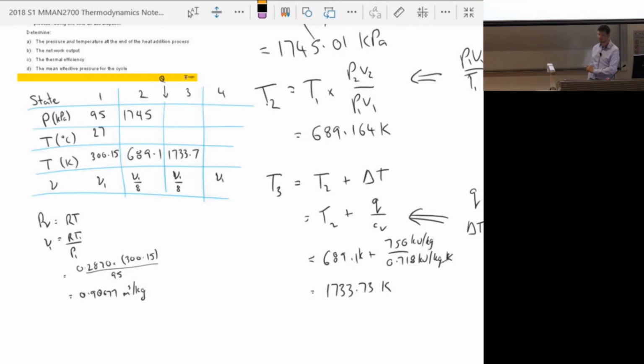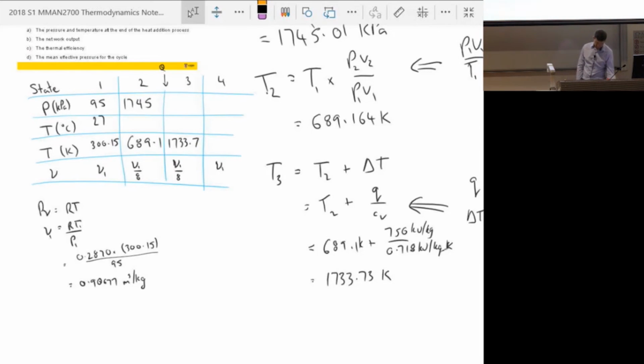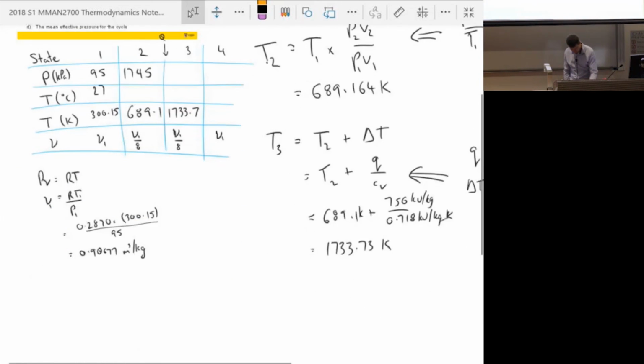Right, fill out my table. Pressure, I can calculate using the combined gas law, right? So it's PV on T equals PV on T, and my pressure for 3 is 4390 kPa.